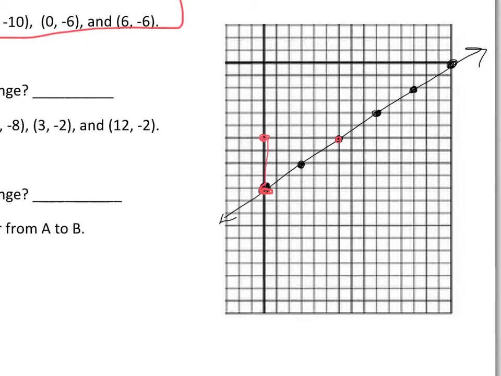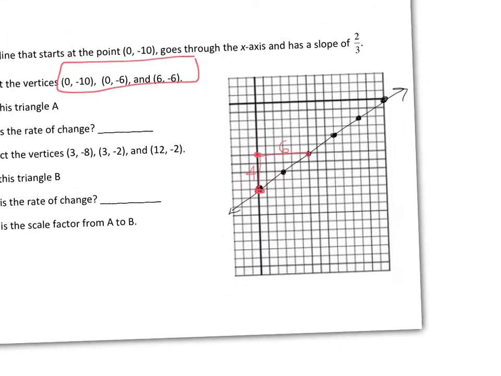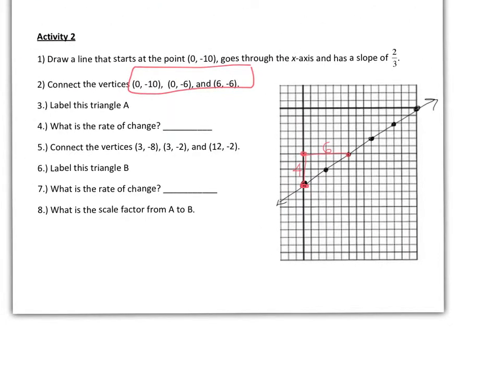So I'm going to connect those. It wants to know the rate of change of this particular shape. So we have to go up 4, so I'm going to put a little 4. And we have to go over 6. So rate of change is 4 over 6.